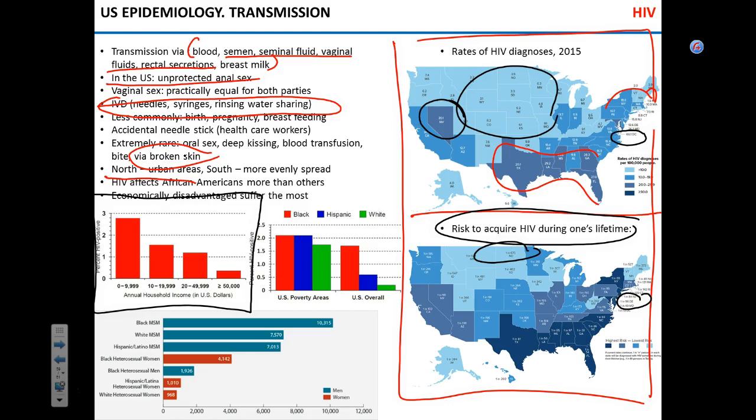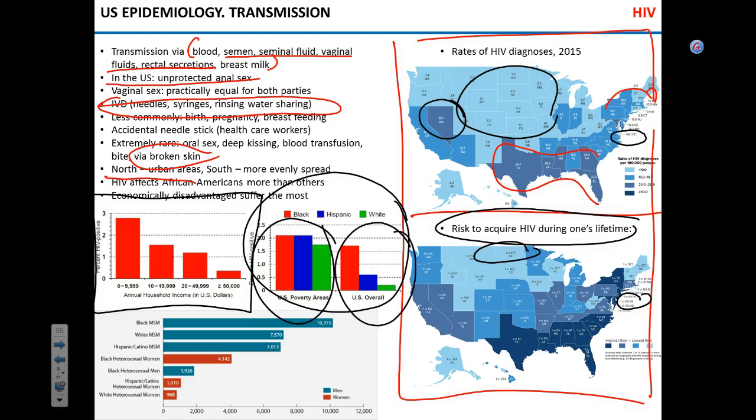You have to be careful drawing conclusions in terms of association versus causation. There's definitely a good correlation. It's probably lack of education, maybe HIV takes an economic toll, so people don't earn that much and stuff like that. Now that shows you the distribution in the poverty areas versus the US overall.